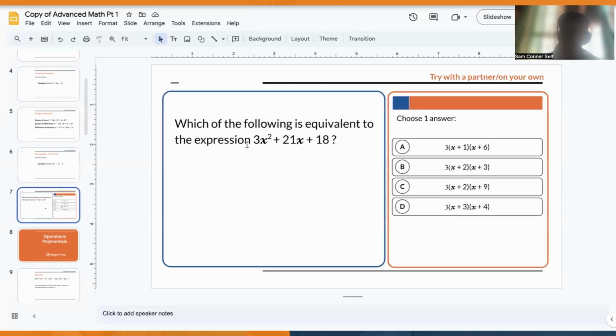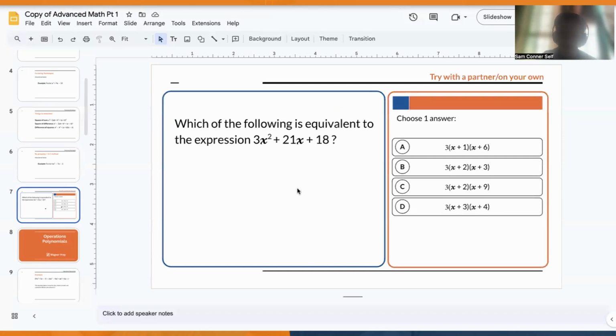All right, looking at this next one. They're asking us which of the following is equivalent to this expression of 3x squared plus 21x plus 18. And it's a multiple choice question, so they give us 4 options, and we can just use this to guide our answers.